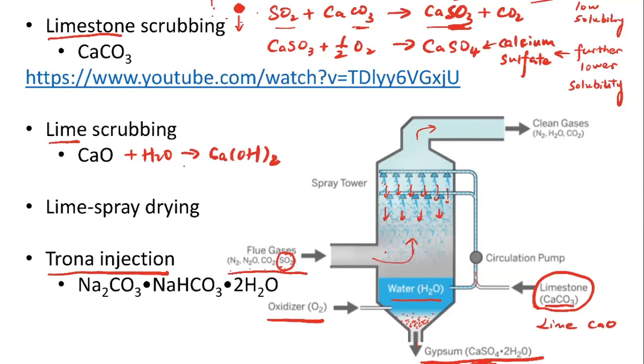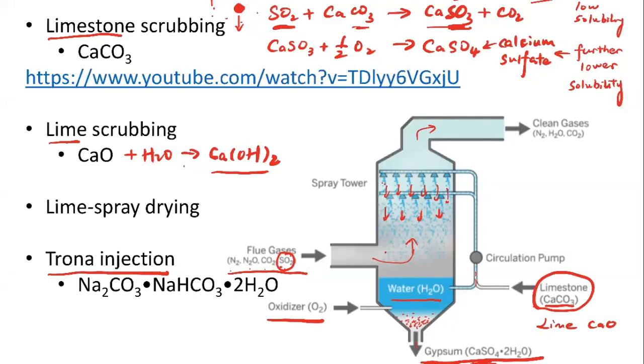Calcium hydroxide is a strong base, right? It's going to react better with the sulfur dioxide. So basically the chemical reaction will be more complete in this way.